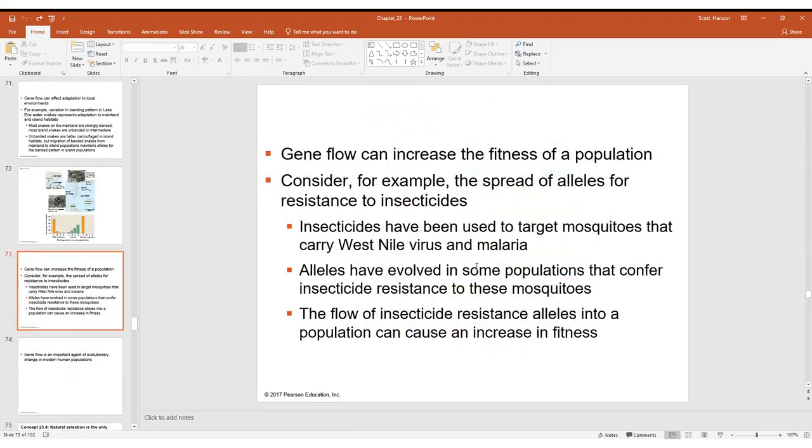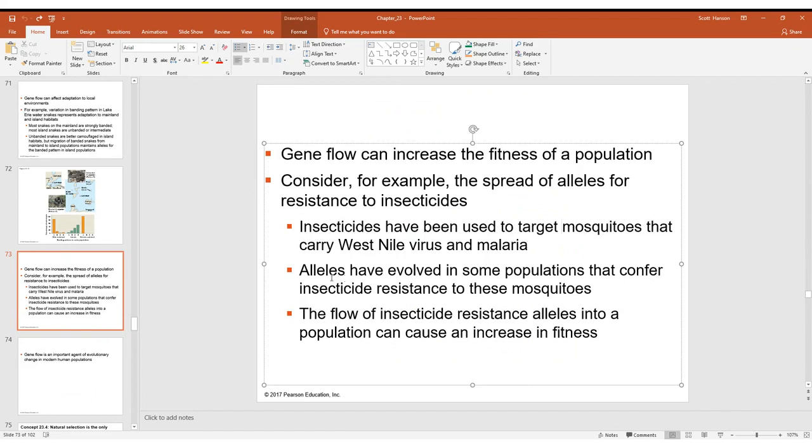So that's a good example of gene flow. Gene flow can increase the fitness of a population. The fitness of a population is how well a population is adapted to the environment that it's in. A good example is the spread of alleles for resistance to insecticides. Insecticides have been used to kill mosquitoes that carry West Nile virus and malaria.